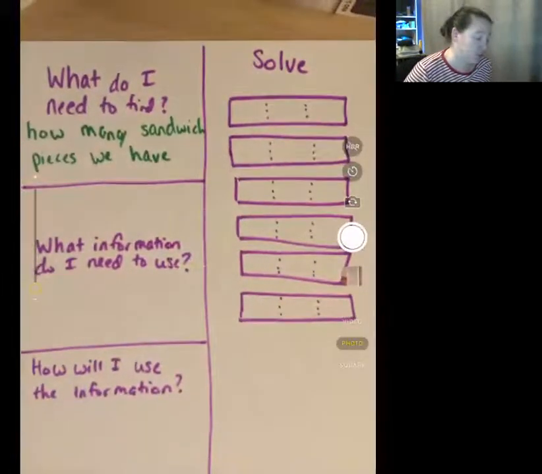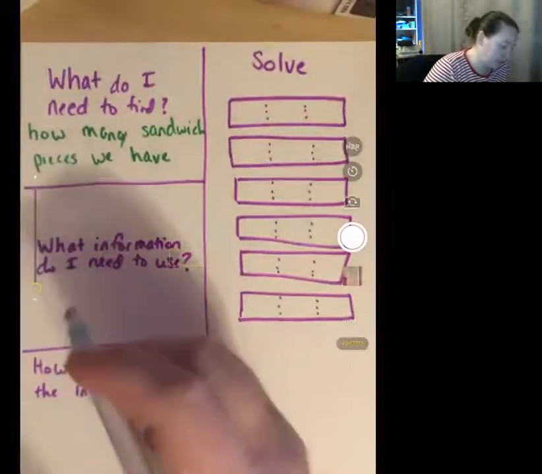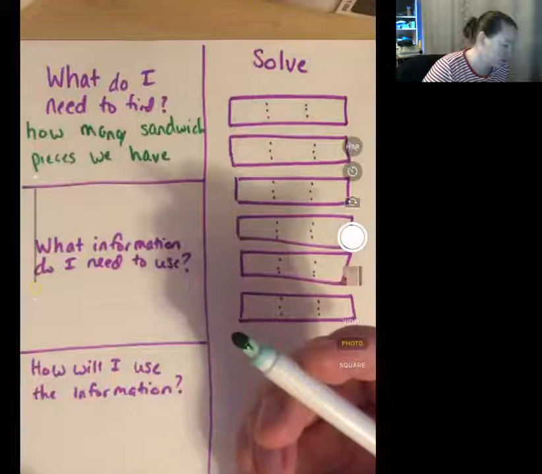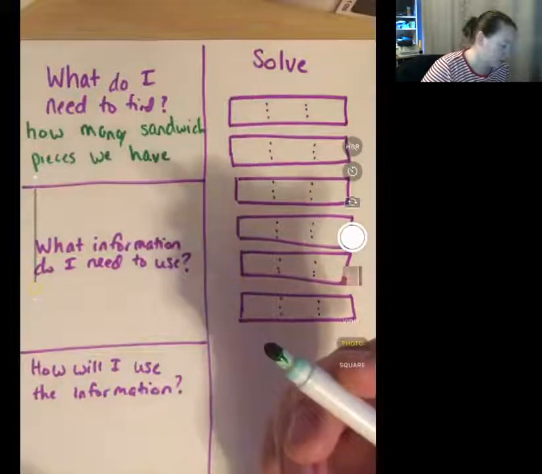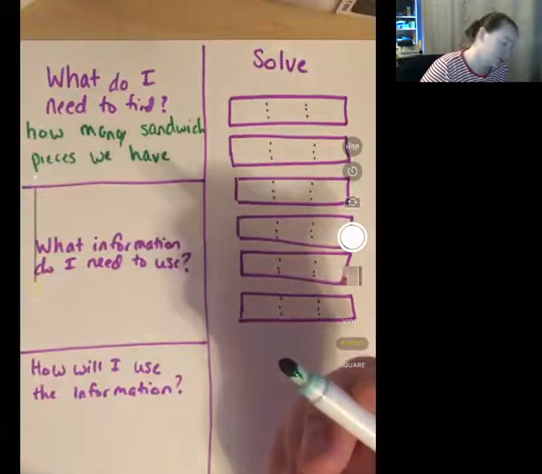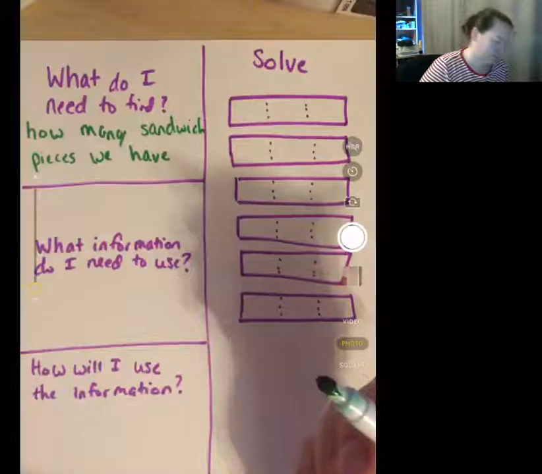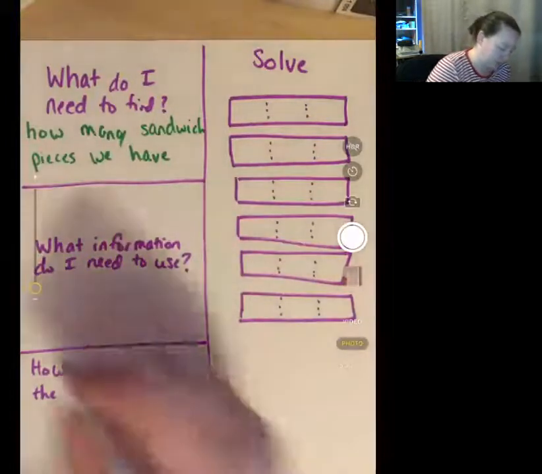What information do I need to use? I need to use the size of each piece, the size of each sandwich.